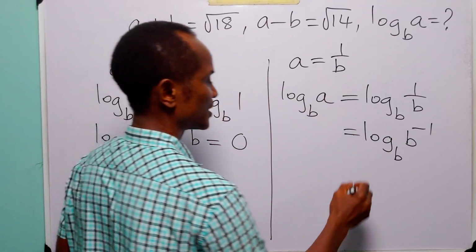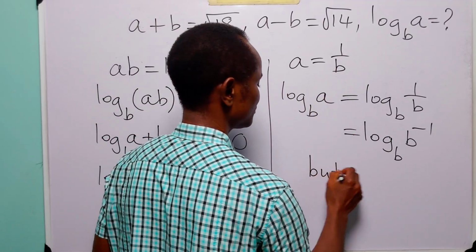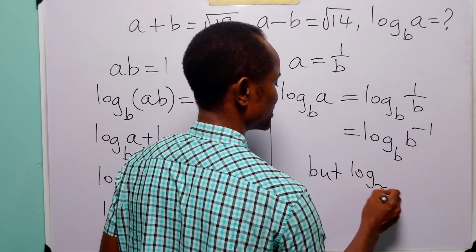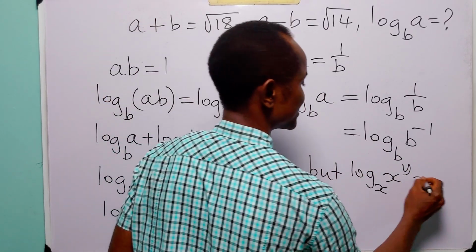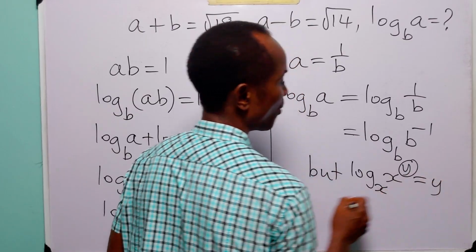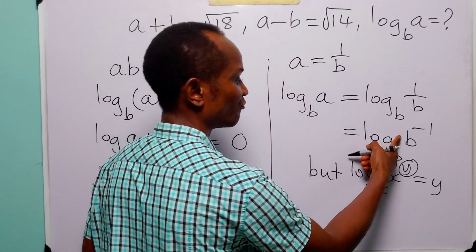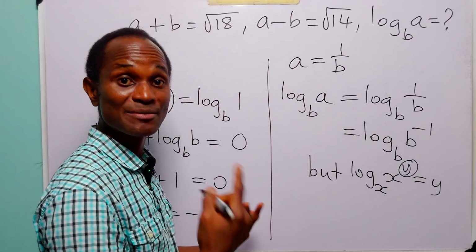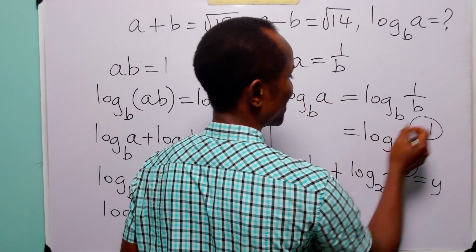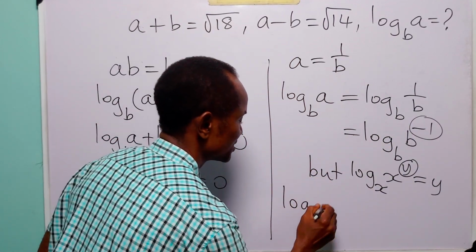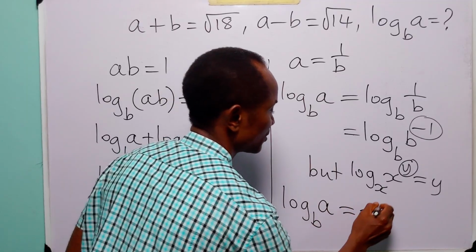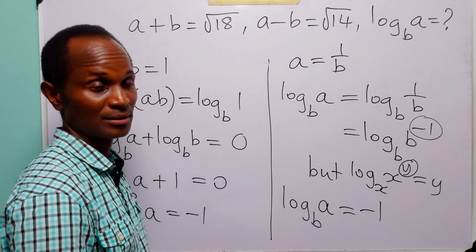Now, remember that when we have log to base x of x to the power y, this is simply equal to y. So log to base b of b to the power minus 1 is simply equal to minus 1. Therefore, we have that log to base b of a is equal to minus 1.